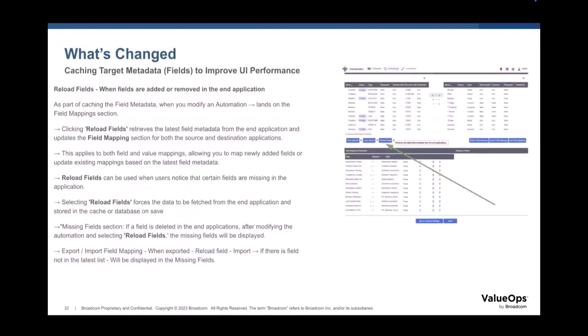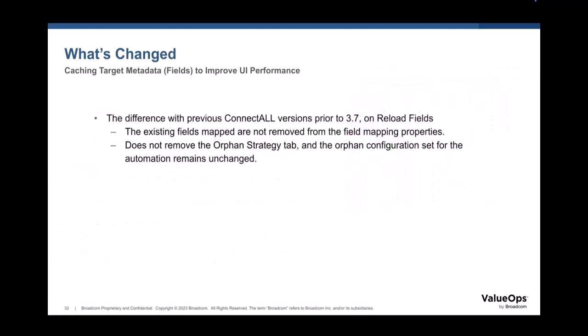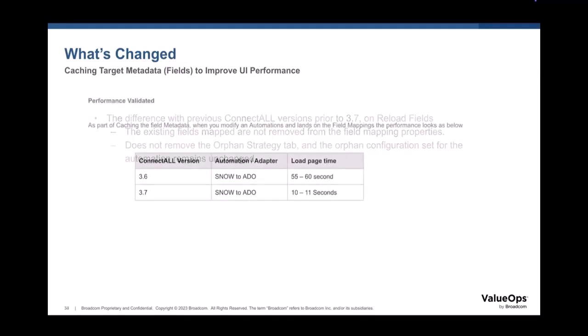If there is a need, we can use this for information. This is all about the reload field that I just spoke about. We have given an instruction message also that says this reload field will retrieve the latest value from your end applications. The only difference is on the UI, the reload field.